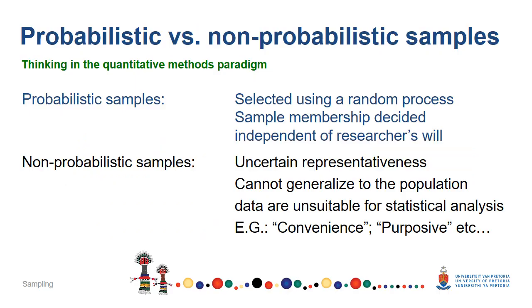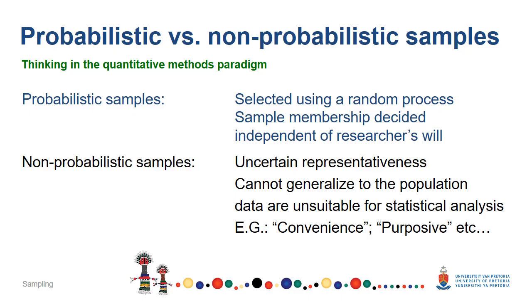Just a few words now about the difference between probabilistic samples and non-probabilistic samples. That's quite a mouthful. You could, if you like, just talk about random and non-random. It means more or less the same thing. Probabilistic samples are those that are selected using random processes or chance, entirely based on chance, and there's nothing extraneous that is affecting the composition of your sample.